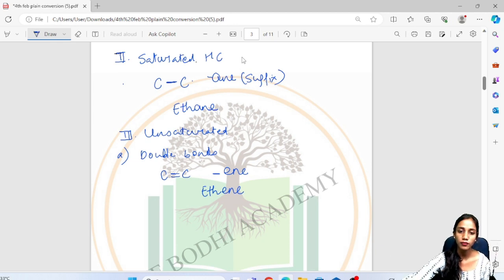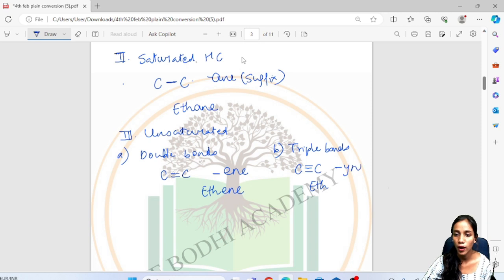Now we go to the next one, that is the triple bond. What if there is a triple bond between the carbon atoms? In that case there will be three bonds between two carbons. Since there are two carbons, the starting word will be ETH, and for the triple bond the suffix which is added is YNE.